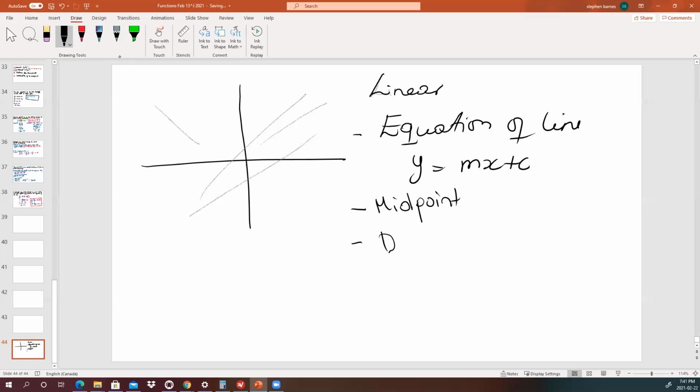The distance between two points. Distance between 2 points. And what else did we do? That's it. Coordinate of the midpoint, distance between 2 points, and the equation of the line, right? That's all we did.